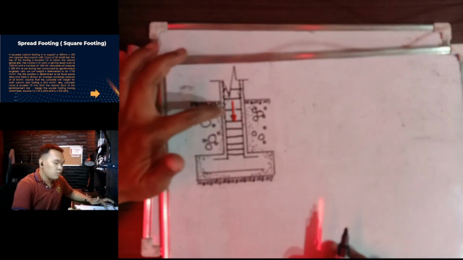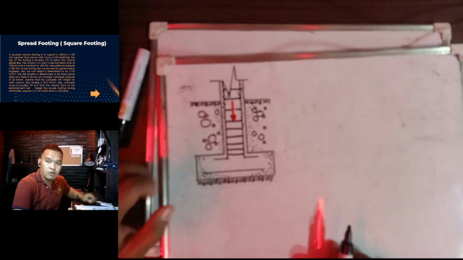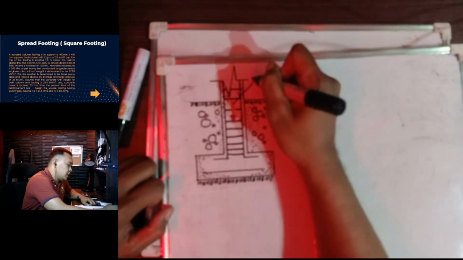I can say that this red arrow down is the force, so we can detail it like this.